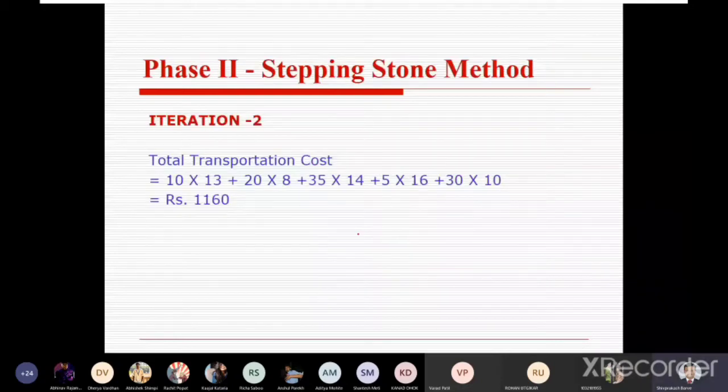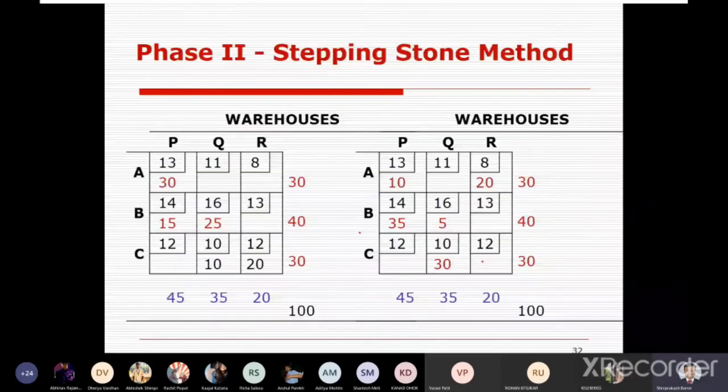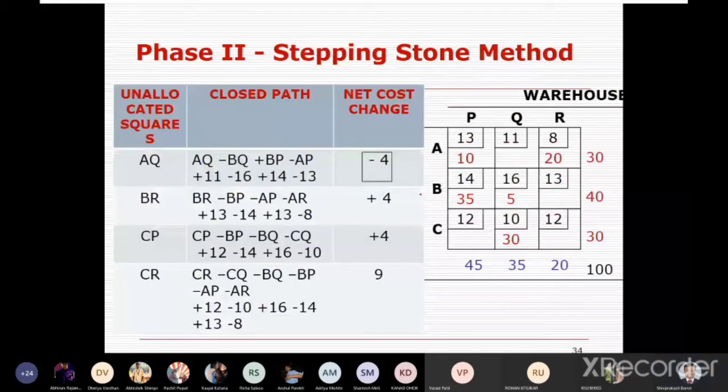Now for this new allocation also I have to check whether there is a negative net cost or not. So for that I have to go for the next iteration.